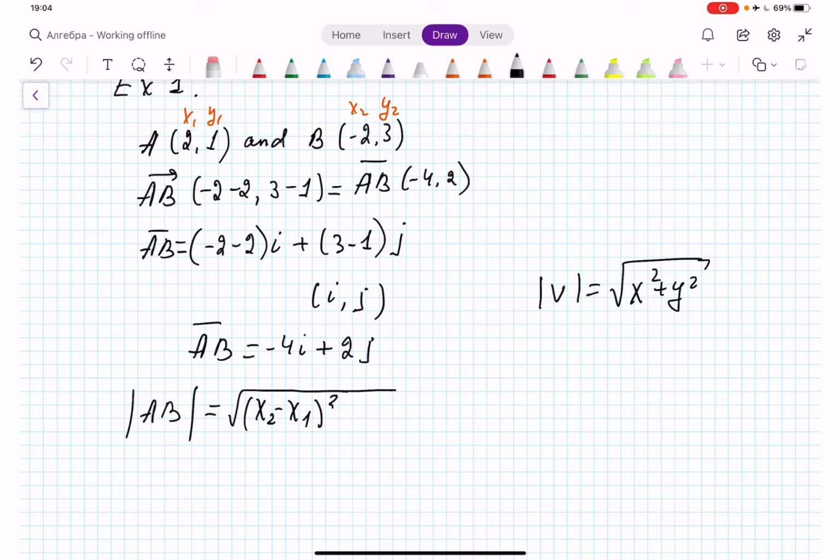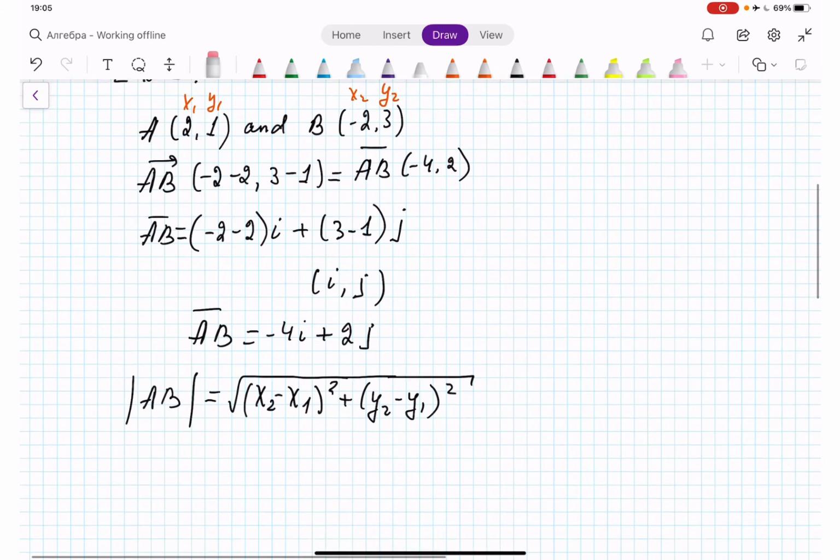Because we are dealing with coordinates, it's x2 minus x1 squared plus y2 minus y1 squared. And if our vector is in space, then we also add z2 minus z1 squared.